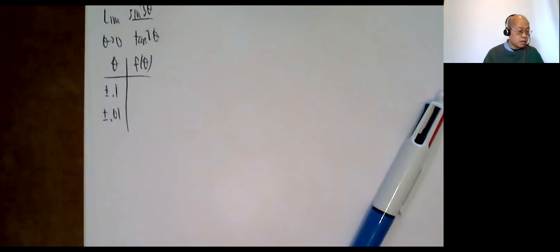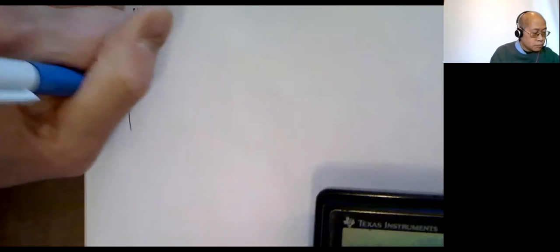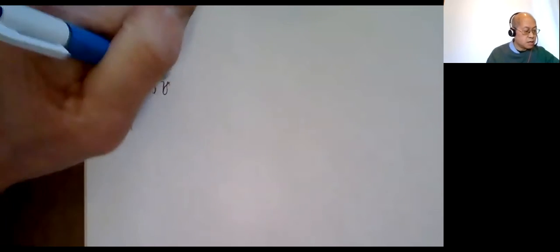Sine of 0.3 divided by tangent of 0.2 gives 1.4578.